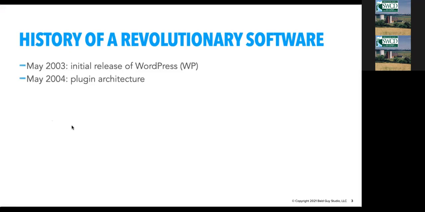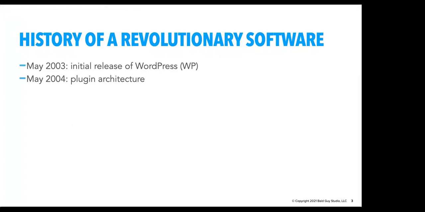May of 2004, this is when version 1.2 came out, and this was when they introduced a significant upgrade, and this was the introduction of the plugin architecture, which is what extends the functionality of WordPress websites. That allowed developers to create all kinds of new things, and as you may remember from before, and we'll cover again today, there's some 50,000 plugins out there extending functionality on WordPress.